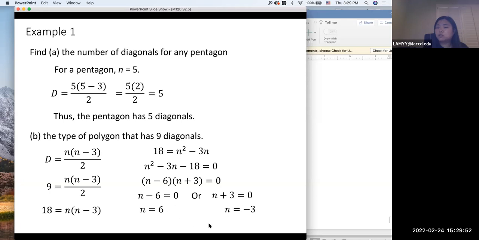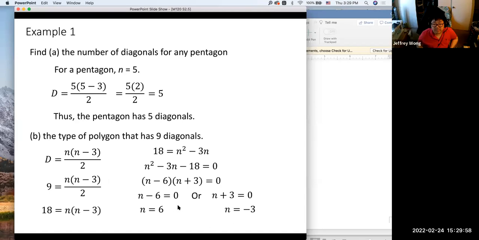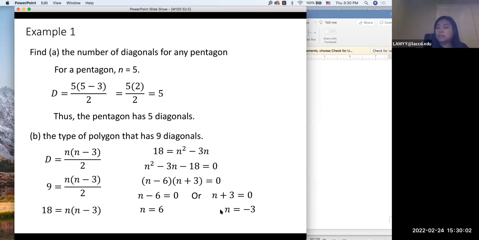So would you have 2 answers here? No. Why? It's not possible. You can't have negative diagonals. No, n is talking about the sides, right? You can't have negative sides. This is the number of sides of the polygon. So we reject this answer. So you're going to have 6 sides with 9 diagonals. Okay, so the hexagon has 9 diagonals.